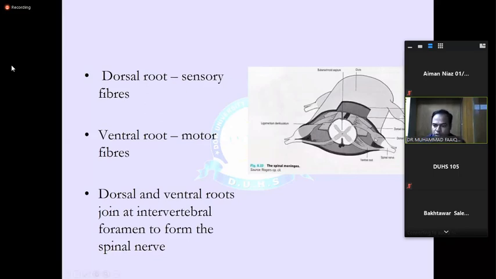You already know that the dorsal root is a sensory root, while the ventral root contains motor fibers, and these two roots unite to form the spinal nerve at the intervertebral foramen.